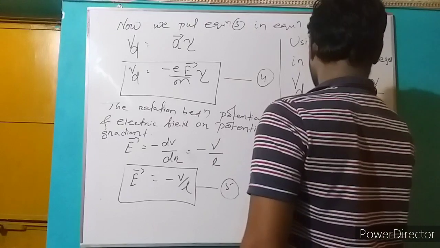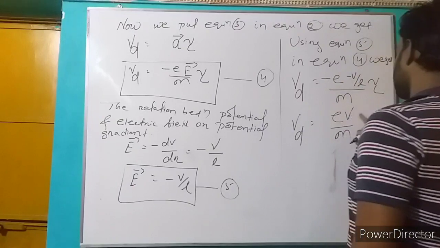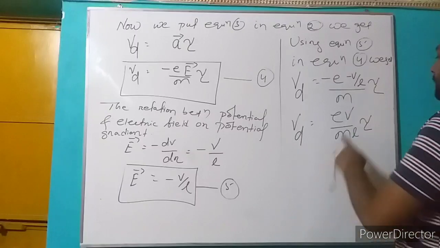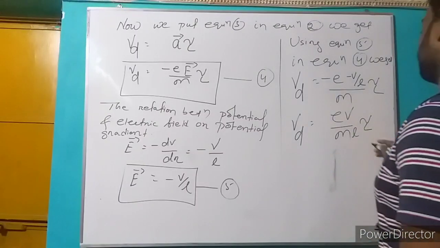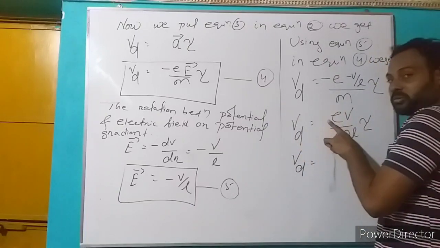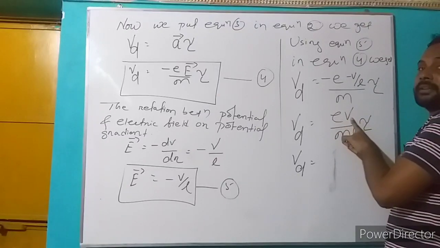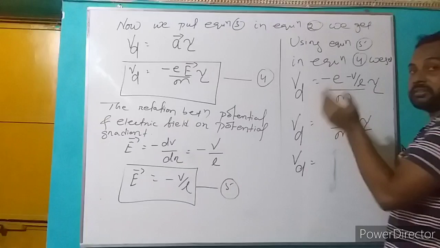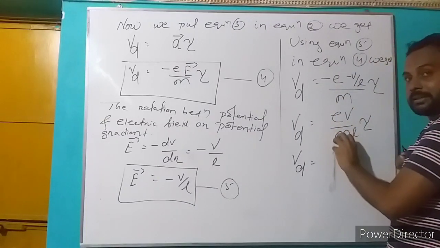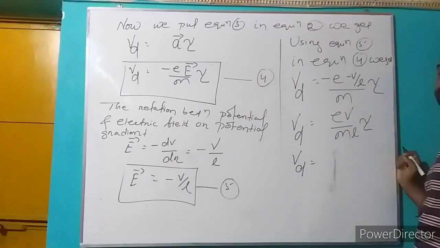So drift velocity equal to EV by ml into tau average. So drift velocity depends upon the free electrons, the potential difference applied across the given conductor, the mass of the electron, and also the relaxation time.